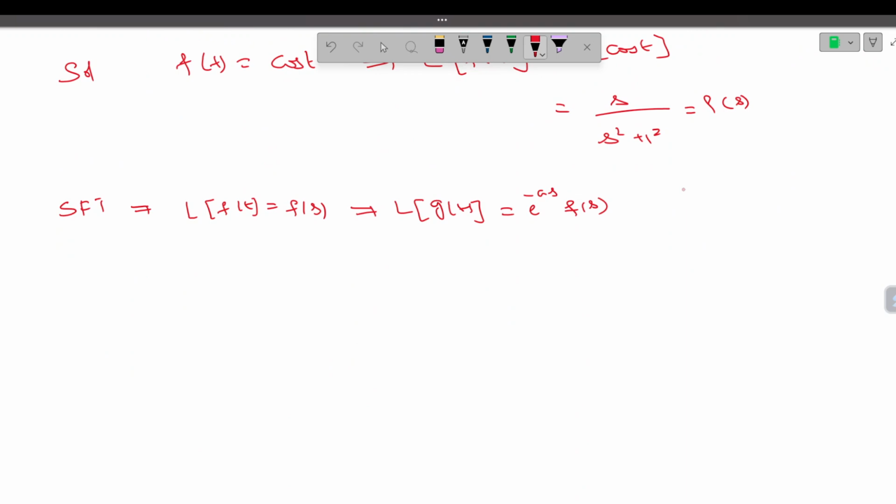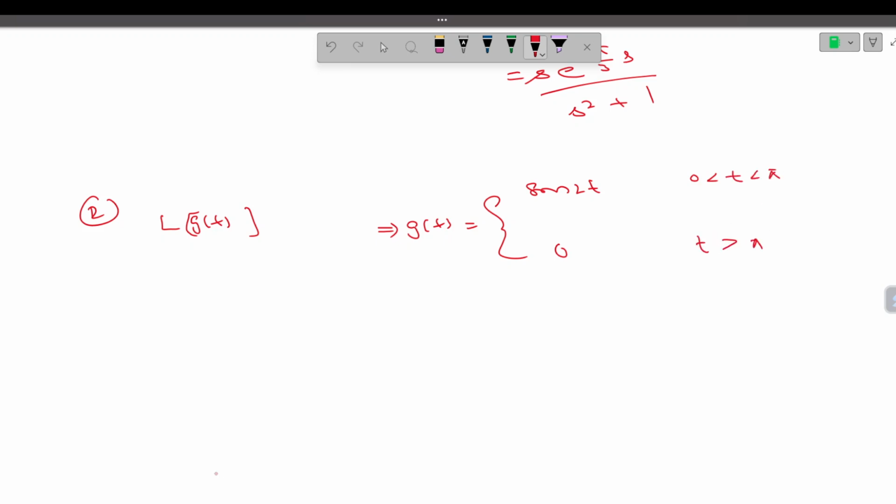Therefore this can be written as e to the power of minus as, where a is 2 pi by 3, and F(s) is s by s square plus 1 square. So e to the power of minus 2 pi by 3 s times s divided by s square plus 1 square. That is the answer.